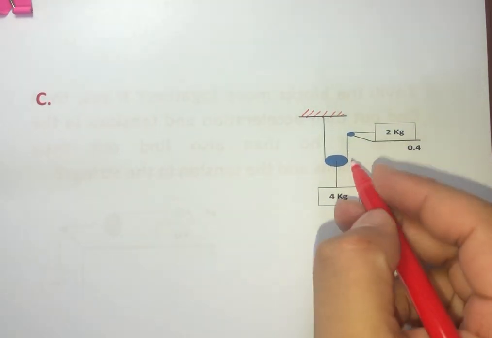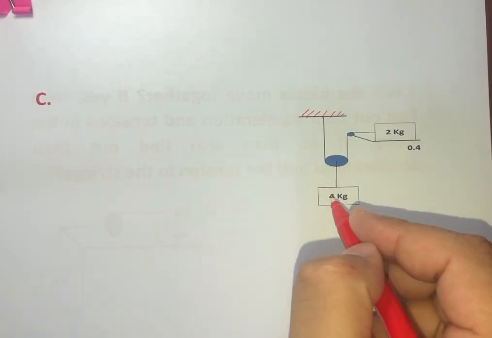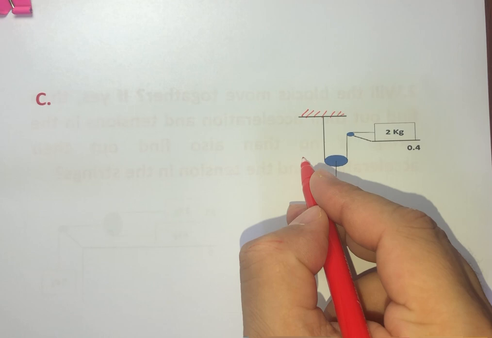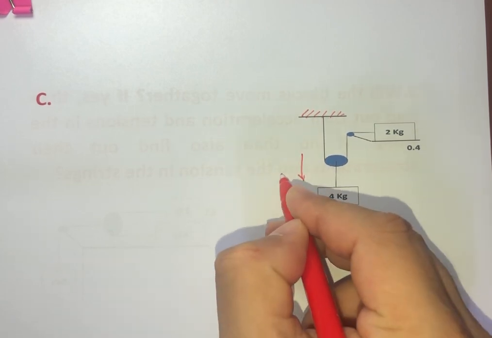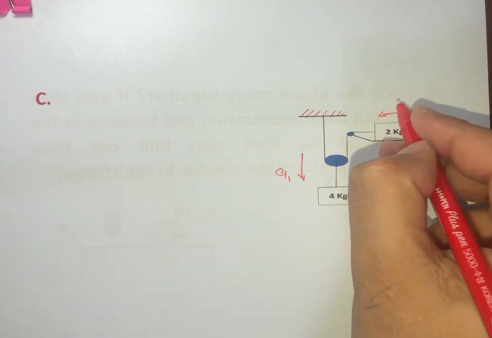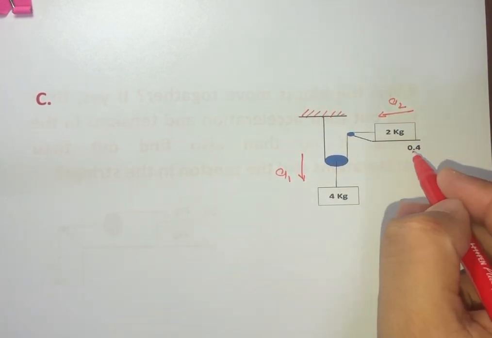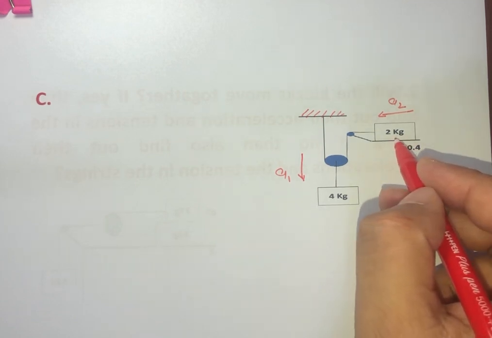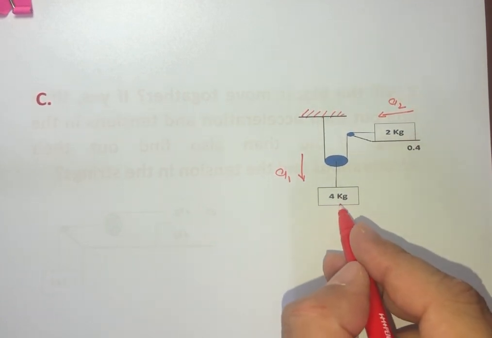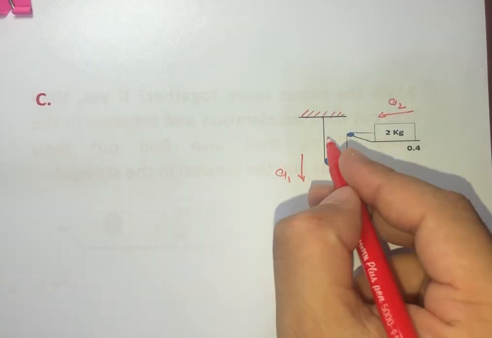Okay. So let us assume that it is moving in the downward direction with the acceleration a1, moving towards the left with the acceleration of a2. Coefficient of friction is given as 0.4. This is 2 kg. Okay, so we have here 40 Newton.